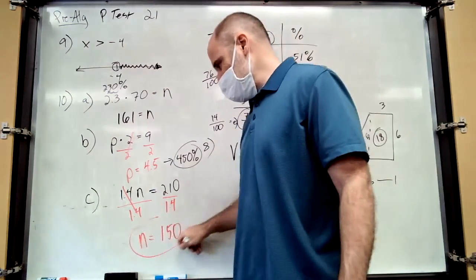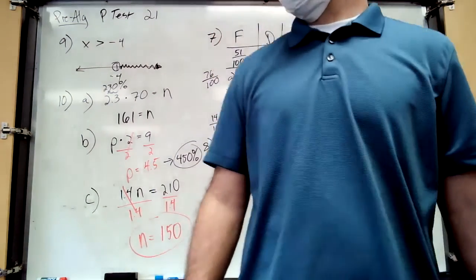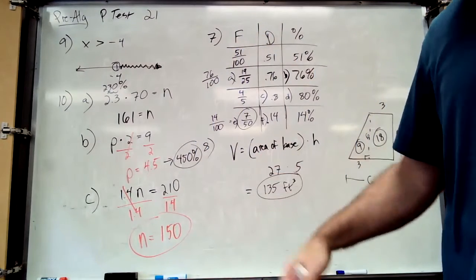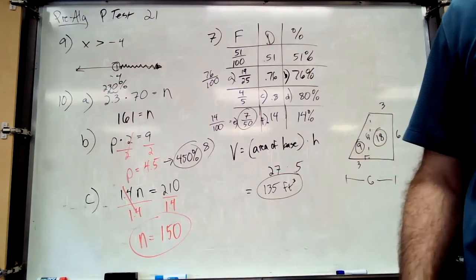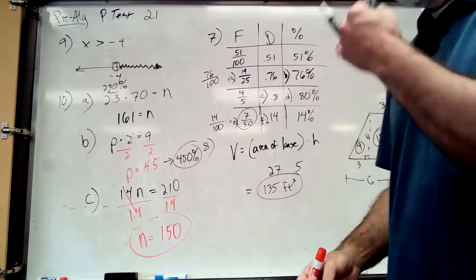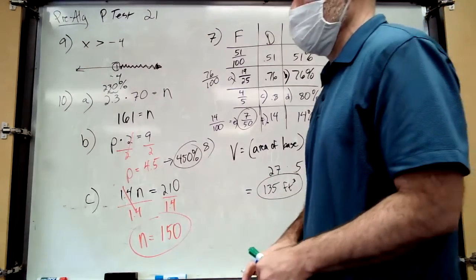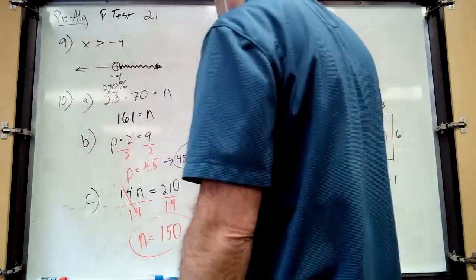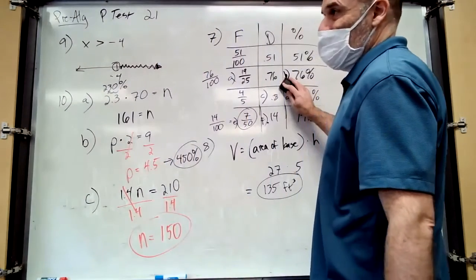So let's just make sure it makes sense. 140% means it's more than 100%. 140% of 150 is 210. Yeah, that makes sense. So it's all of 150 plus another 40%. That makes sense. Okay. Next, we're on number 11.